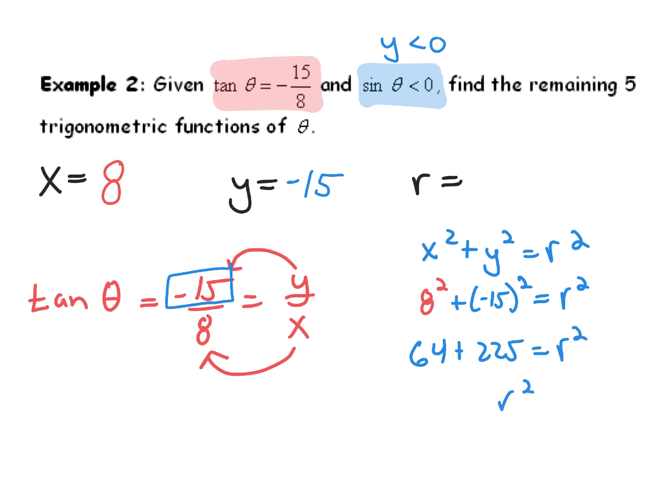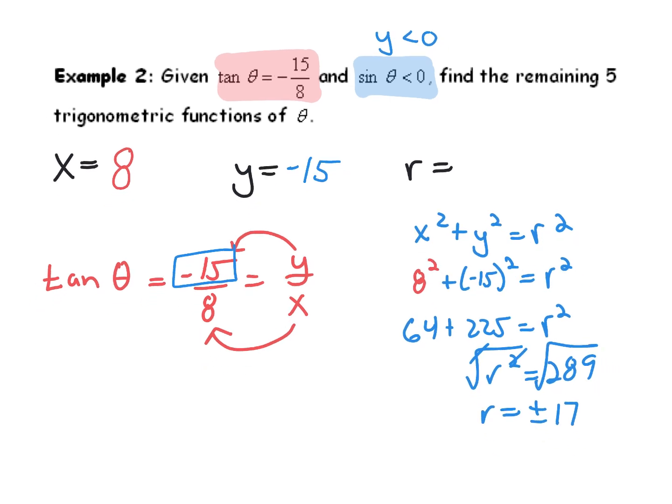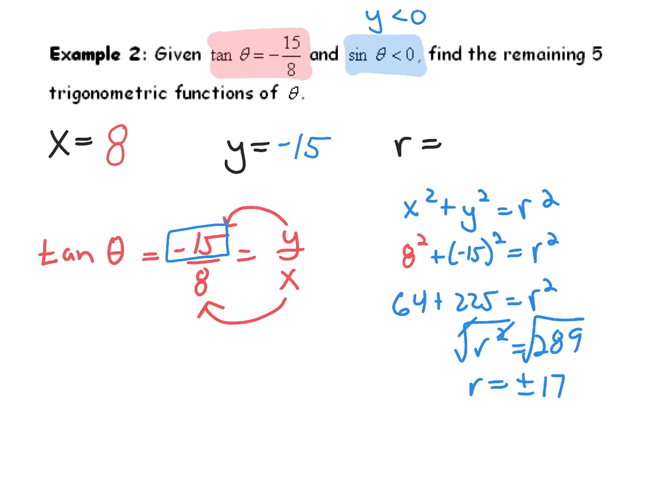So r squared equals 289. When you square root both sides, we get plus or minus 17. But since it's the radius, and a radius is a distance, I can erase that minus. A radius is always positive. So a radius is going to be 17. So I know what x, y, and r are, just like you did last night.